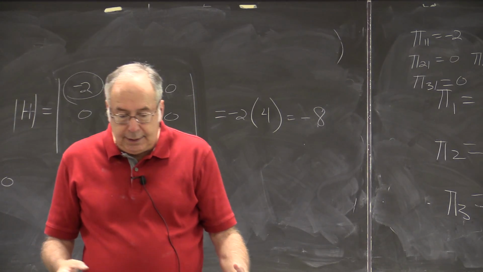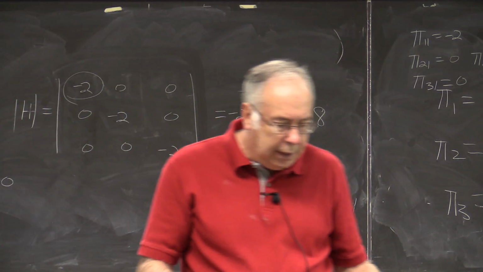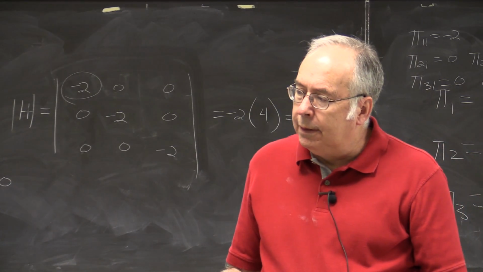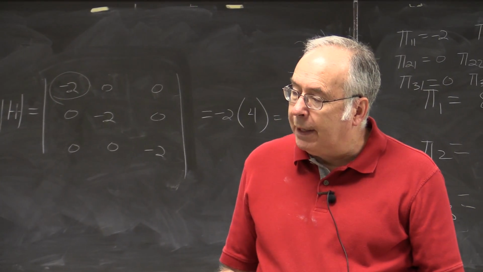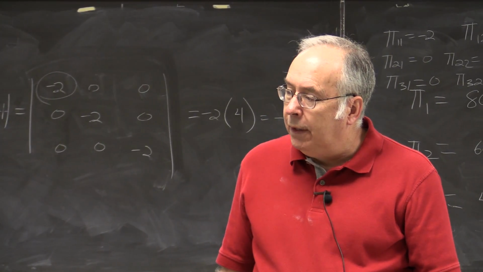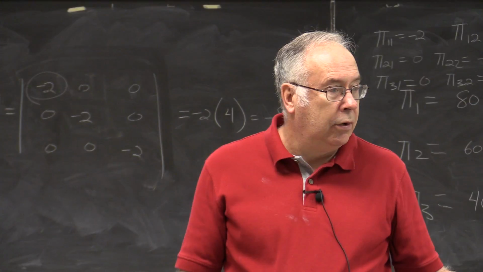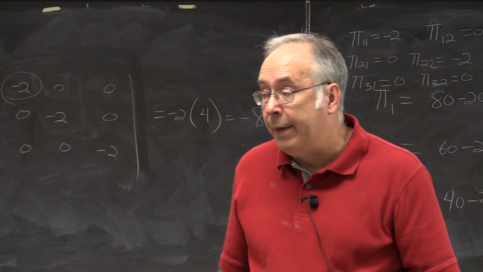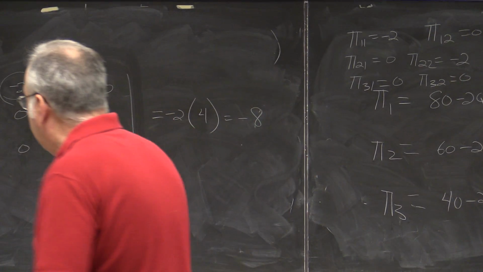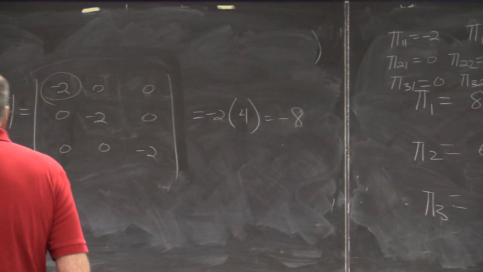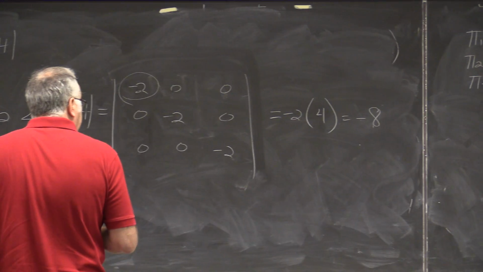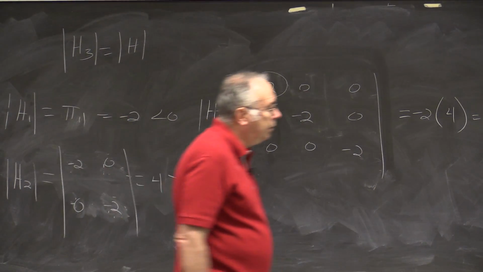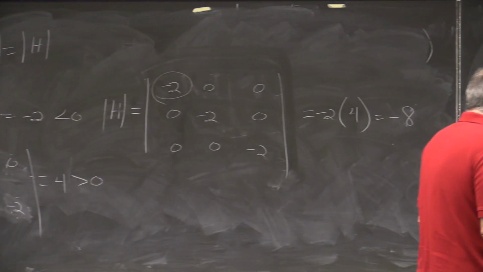So the pattern is the first leading principal minor is negative, second one's positive, third one's negative. Therefore, the second order sufficient conditions for a maximum are satisfied. And we have a maximum here. Because H1 is negative, H2 is positive, H3 is negative. So we know that profit will be maximized at this critical point.